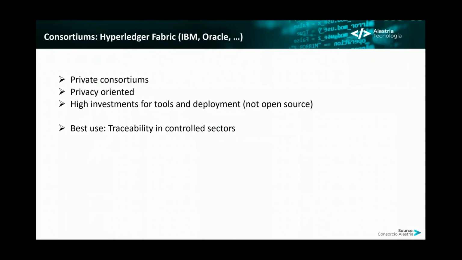Then these two tools, Hyperledger Fabric, from IBM, Oracle, and also Corda from R3, could be the solution you need to select. It is very used for traceability problems, especially the IBM platforms, and always in controlled sectors, not open to the public, because that was not the design from the beginning, and for a small number of clients connected to the network.